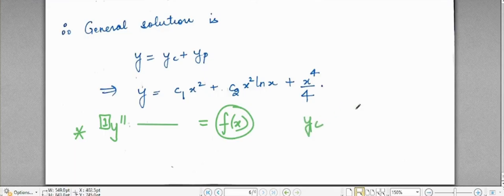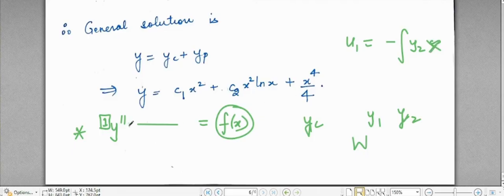Okay, after identifying what fx is, you will first find yc. If it's not given in the question, yc will have two linearly independent solutions, y1 and y2. Call them y1 and y2, find their Wronskian, then you calculate what u1 is. u1 will be minus y2 into right hand side. So right hand side needs to be decided after making this as unity. So into right hand side upon w, and u2 will be given by y1 into right hand side upon w.